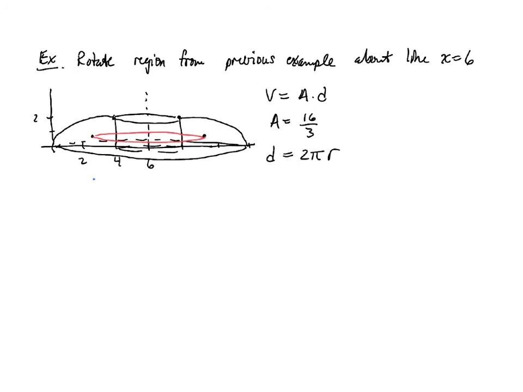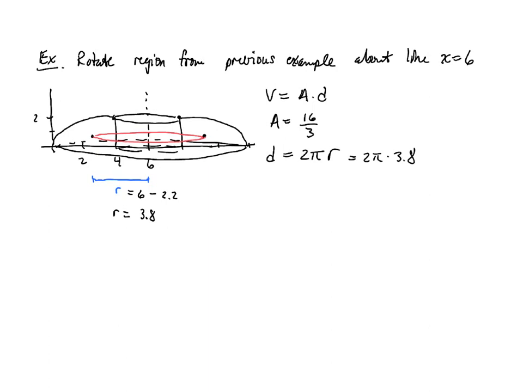So it's the radius from the center of the rotation to the x-coordinate of the centroid. And so that value for r is going to be the right-hand x-coordinate minus the left-hand x-coordinate. And so that gives us that r equals 3.8. And so the distance that we travel is 2 pi times 3.8.